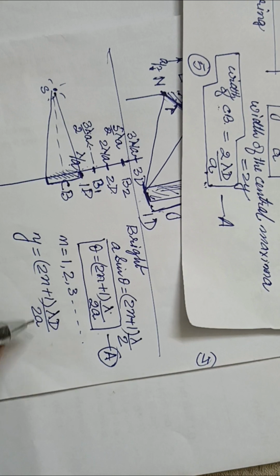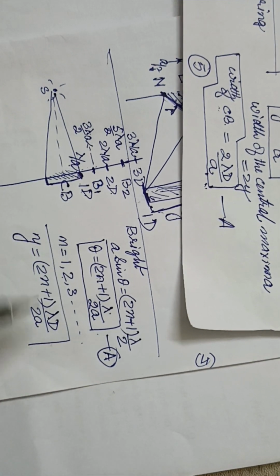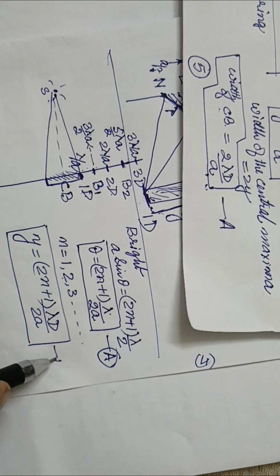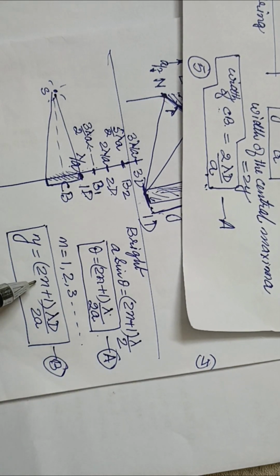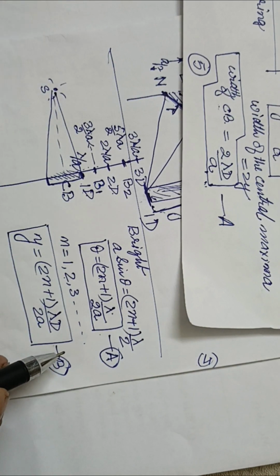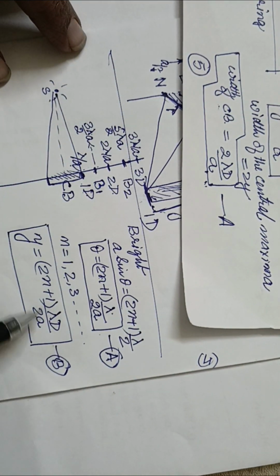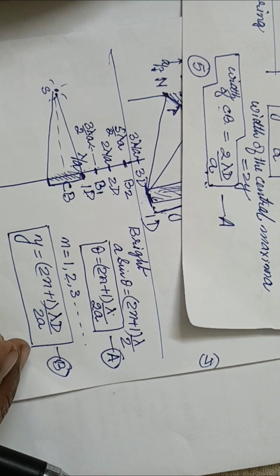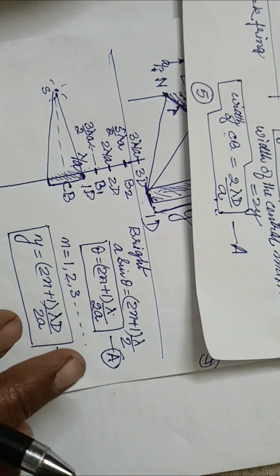This is the general position for all the bright fringes. As you put the value of n, you will get the respective bright fringes at this position. Clear? So overall it was all about the diffraction and the central maxima.